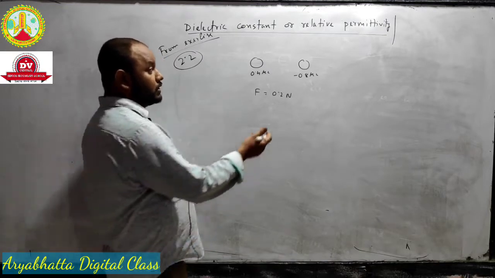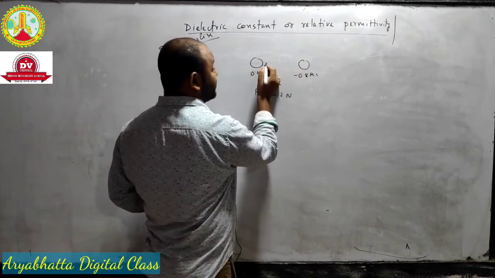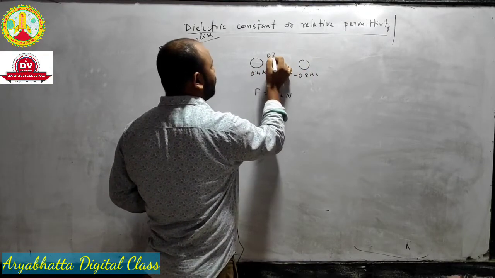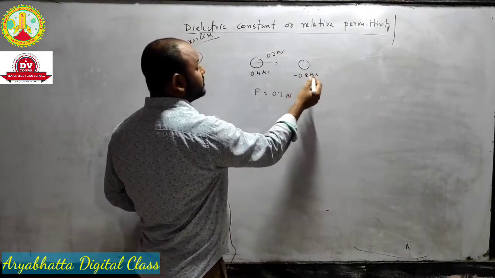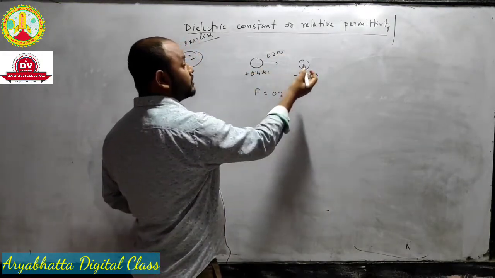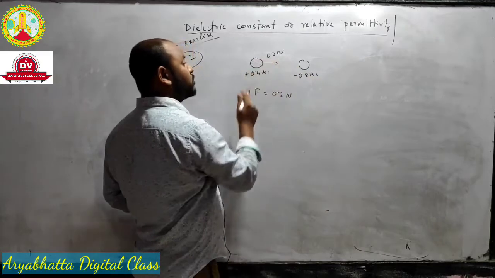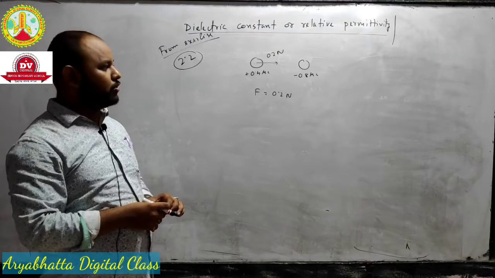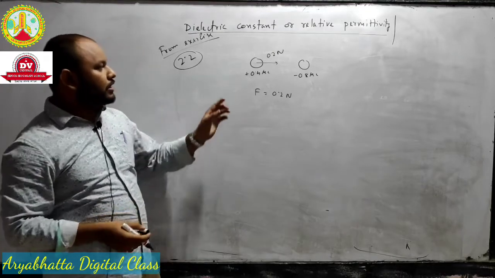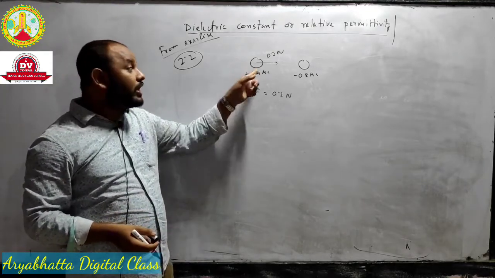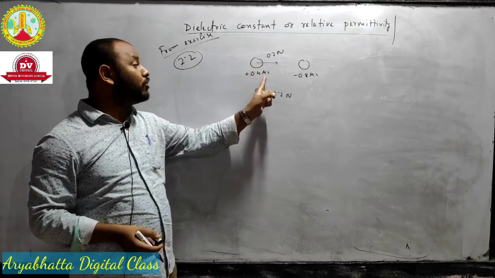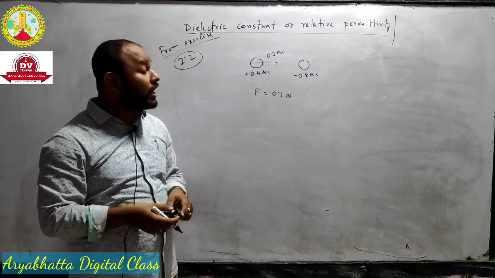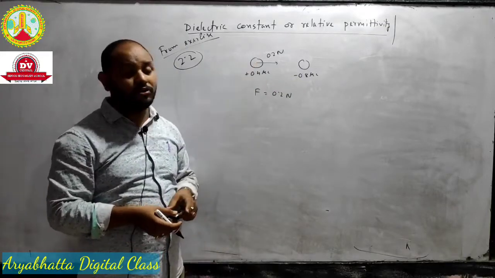That means this charge sphere will attract this 0.4 microcoulomb sphere with a force of 0.2 Newton. That means this is the negative charge and this is your positive charge. This negative charge will attract this positive charge with a force of 0.2 Newton.